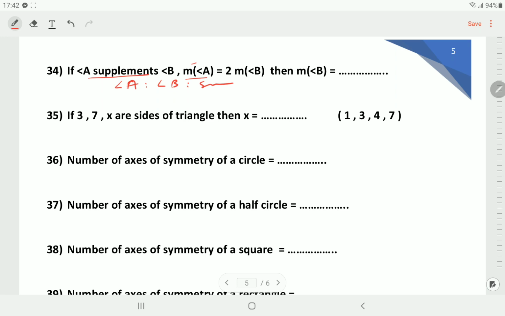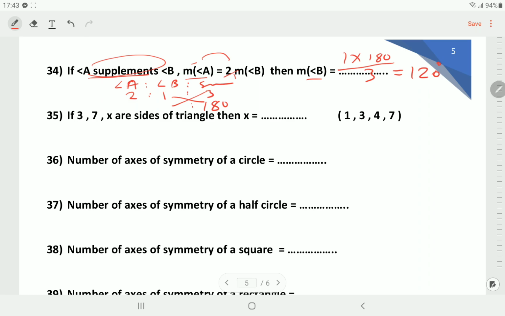We have A as 2, B as 1, sum 3. And what about quantities? We have supplementary, then you can put 180. Then we make a cross multiplication to find the measure of B: 1 times 180 divided by 3 equals 60 degrees. I think it's clear for you.